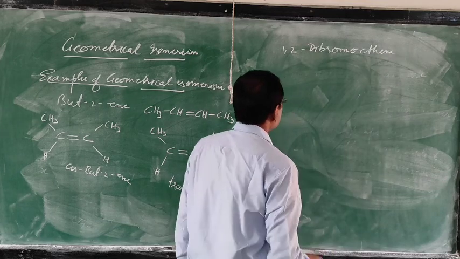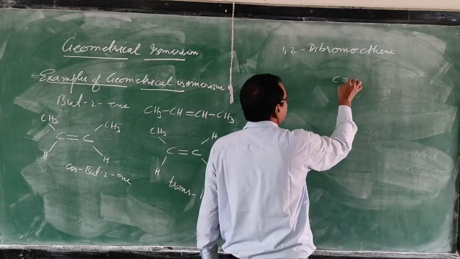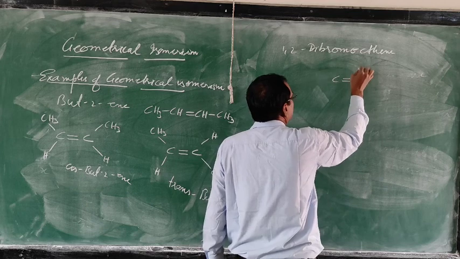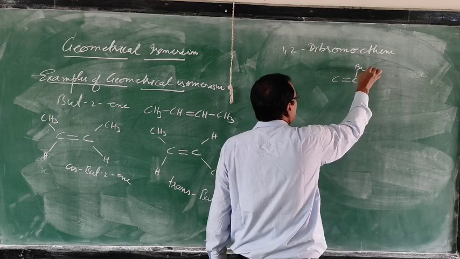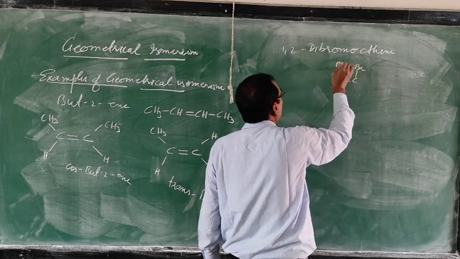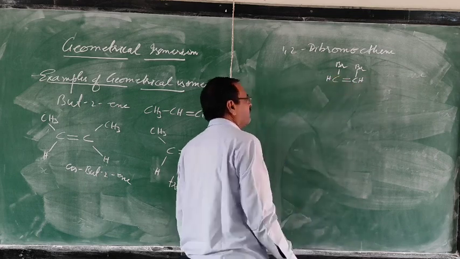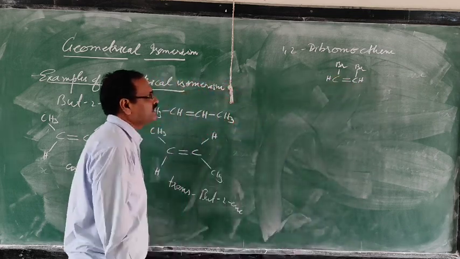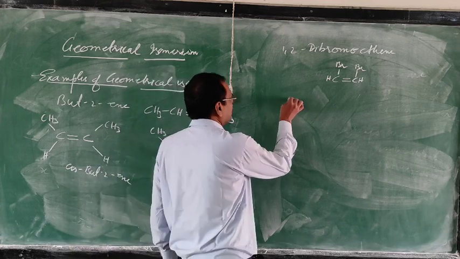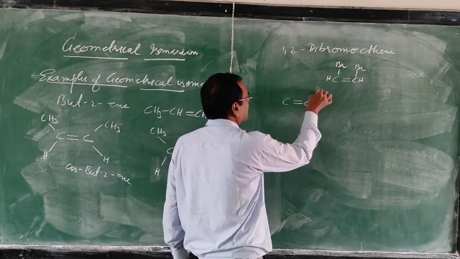So just to see the structure of 1,2-dibromoethane, this one is bromine 1, 2. So this is the compound 1,2-dibromoethane. So we can draw the cis and trans.